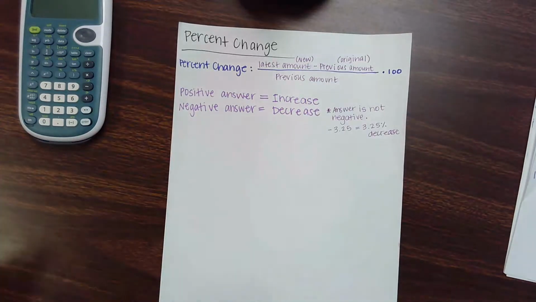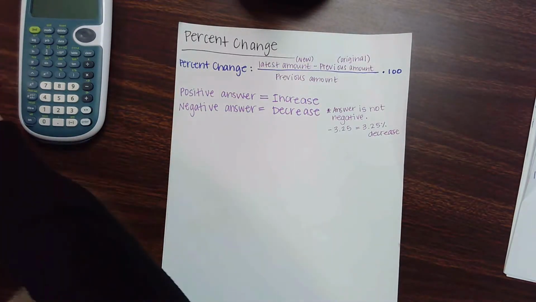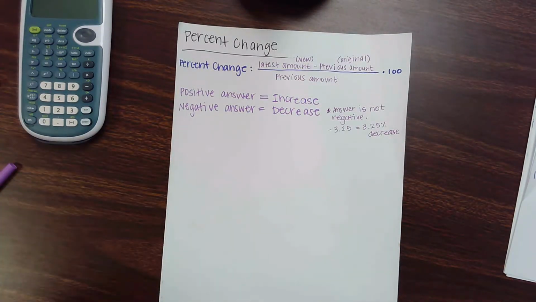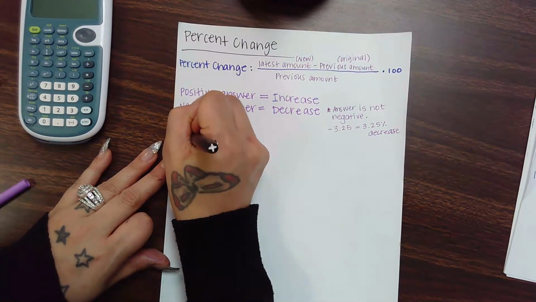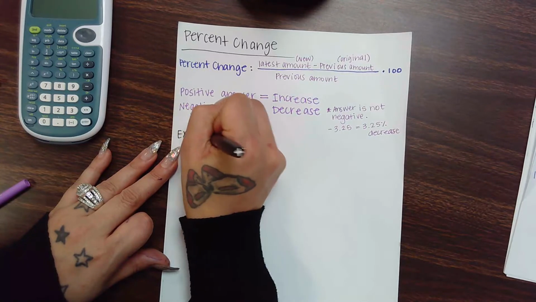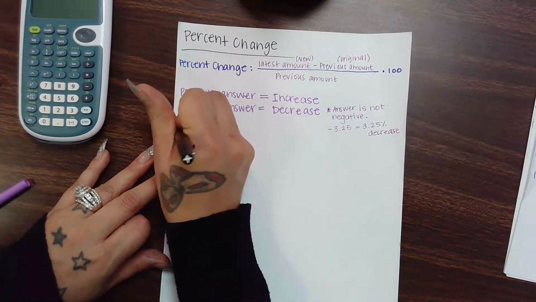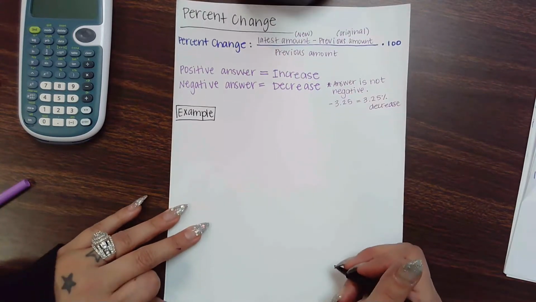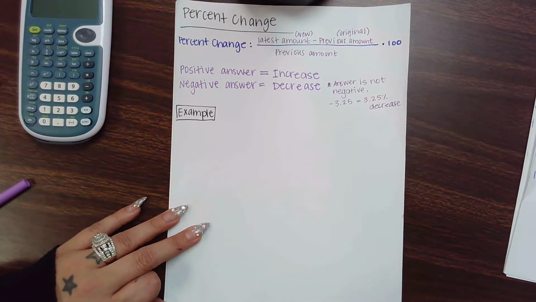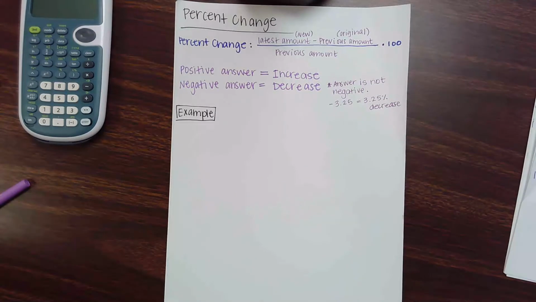Okay, so let's do this example. I think my little marker's about to die. Okay, so we're going to find our percent decrease. I've got about 3 sentences that I'm going to write, and then we will use that formula.